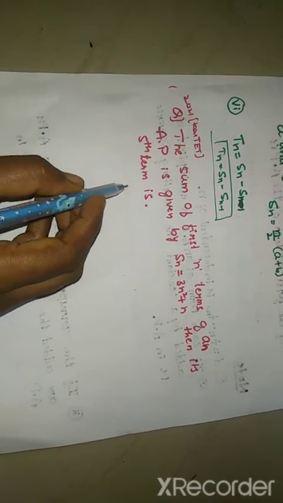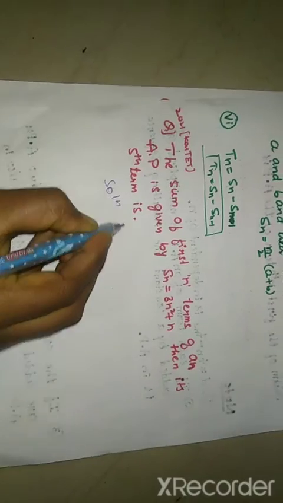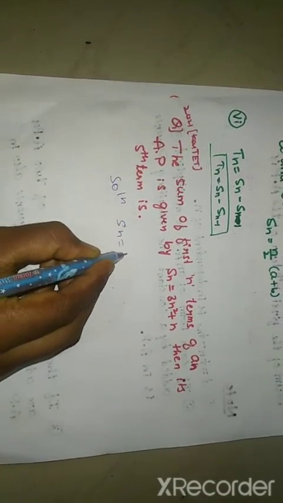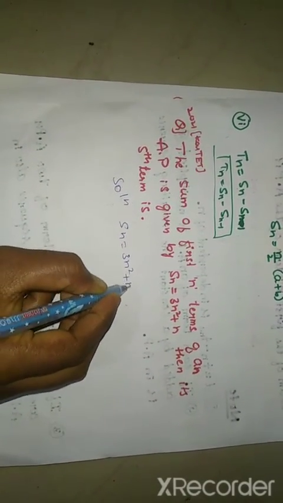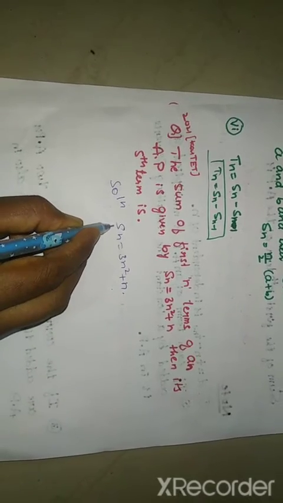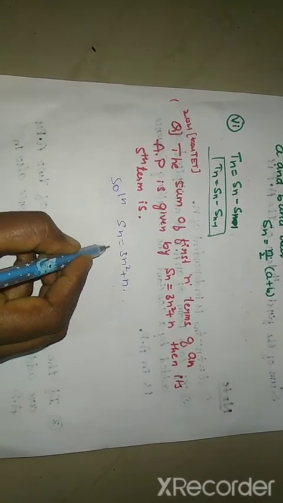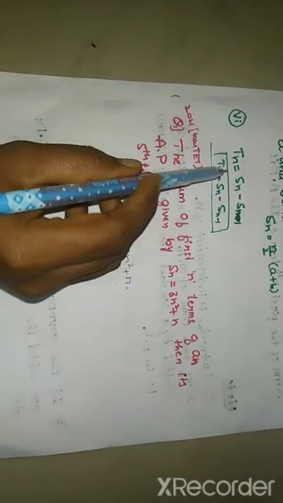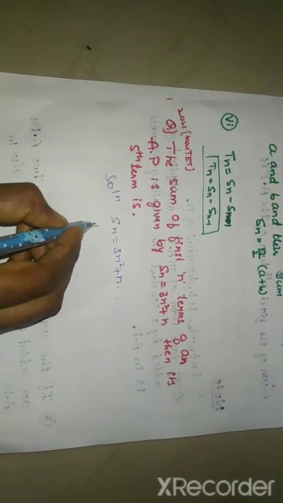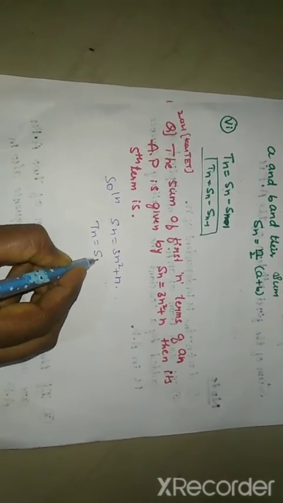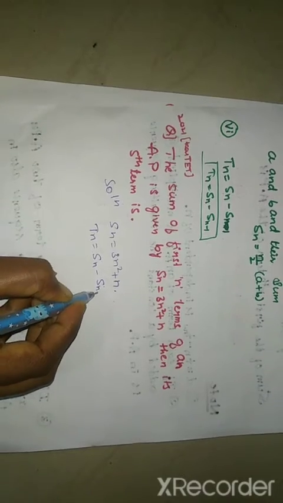We want to find the nth term. We already know the formula for finding the nth term: Tn equals Sn minus S(n minus 1).